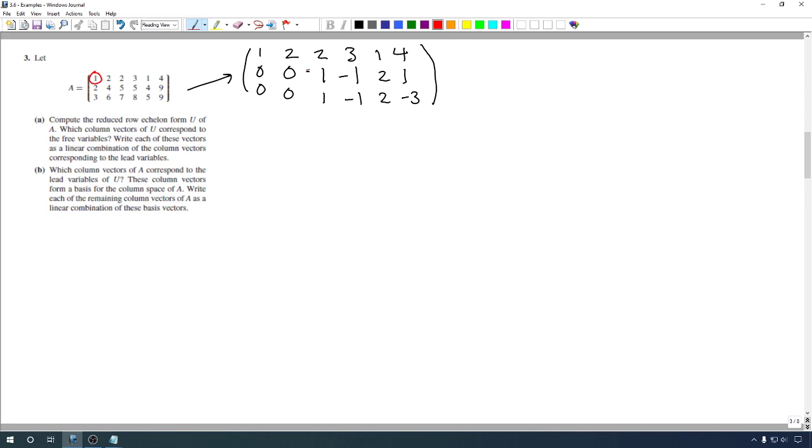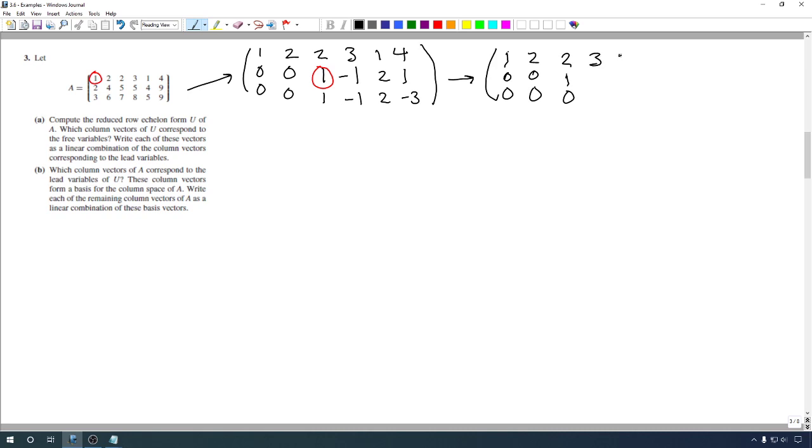Now again, we don't have the row echelon form yet. We're going to want to keep that one as our next pivot, and change that one to a 0. So for our next step, we're going to have 1, 0, 0 for the first column. We still have 2, 0, 0 for our second column. We're going to have 2, 1, 0 for that column. That's what we want.